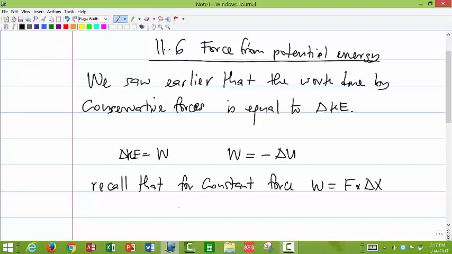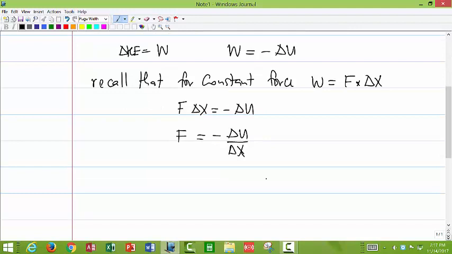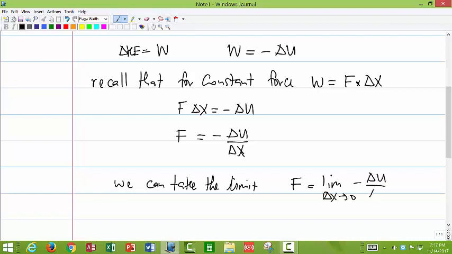Okay, so we can say that F delta x is equal to minus delta U, where F is therefore equal to negative delta U over delta x. We can convert this into a derivative, so we can take the limit: F is equal to the limit of minus delta U over delta x.